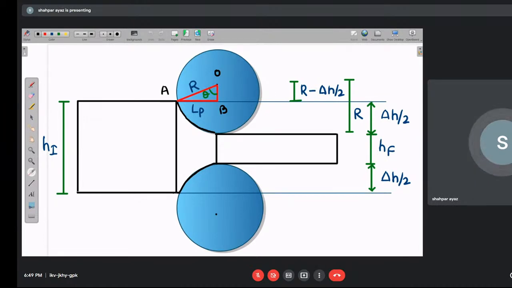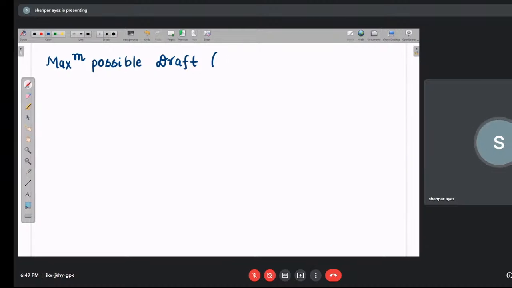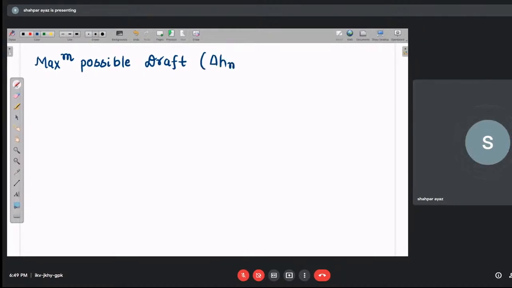So I'm telling you one formula, the expression of maximum possible draft. This is called delta H max, and it is mu square R. Remember that. Sometimes if they ask you in the problem, you can use this.